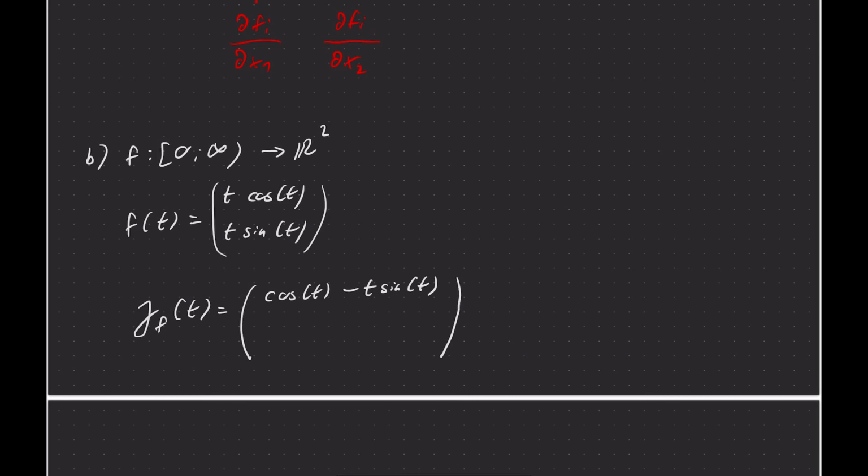And for the second row we get sine of t plus t times cosine of t. Okay, so in this case what we get is a 2 by 1 matrix. And that's the derivative, the differential of this curve here.